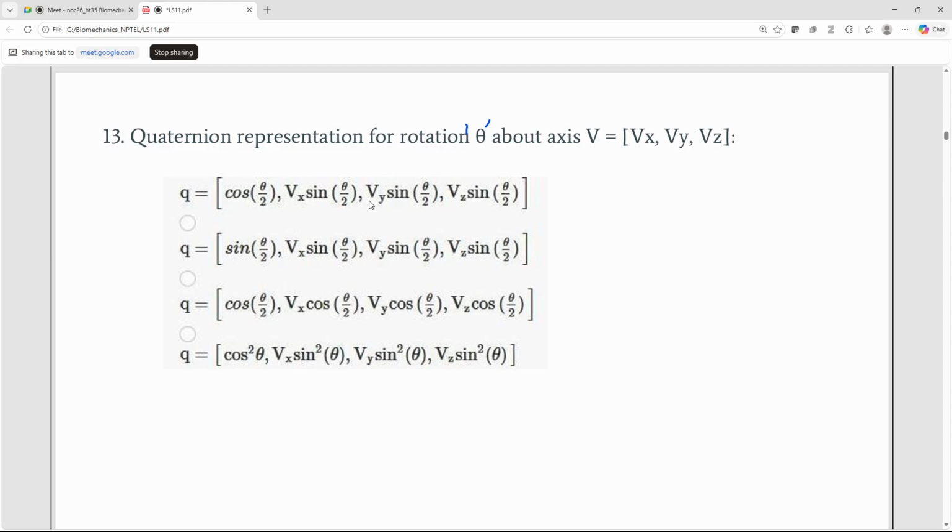Or is it Q is equal to sin theta by 2, Vx sin theta by 2, Vy sin theta by 2, and Vz sin theta by 2? Or is it Q is equal to cos theta by 2, Vx cos theta by 2, Vy cos theta by 2, and Vz cos theta by 2? Or is it Q is equal to cos square theta, Vx sin square theta, Vy sin square theta, and Vz sin square theta? How will you represent a quaternion for rotation by theta about an axis?